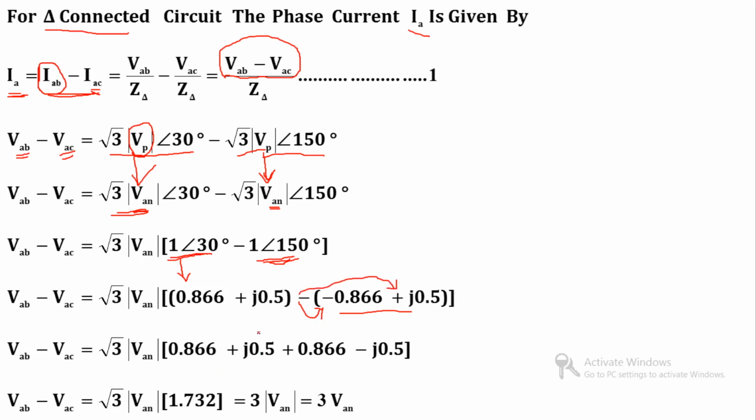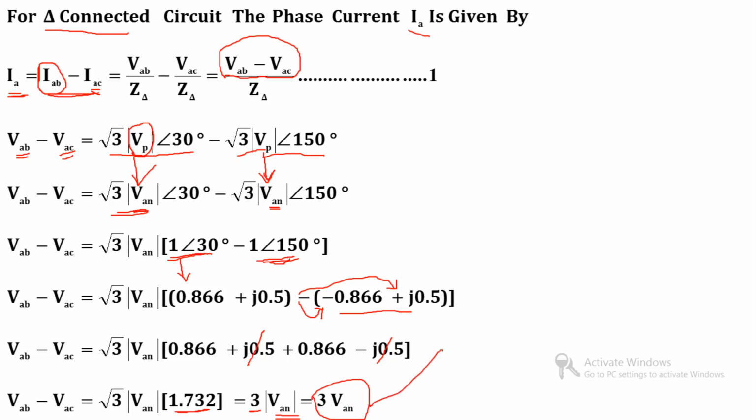So plus j 0.5 minus j 0.5 will cancel out, and 0.866 plus 0.866 becomes 1.732, and that is equal to root 3. So this root 3 into root 3 becomes 3, and VAN will remain as it is. So we can say that VAB minus VAC is equal to 3 VAN.